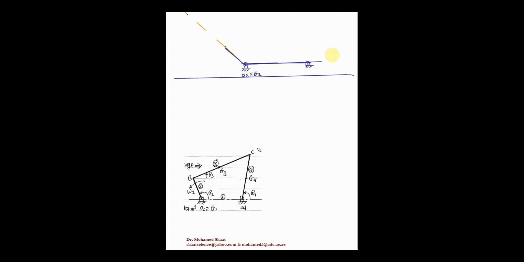Or simply, he gave us even the theta 3 and the theta 4. So you have either option. You can even use this angle that is already given to us, which is theta 3. It means that starting from point B, from this point B, you're just gonna draw a very light horizontal line.